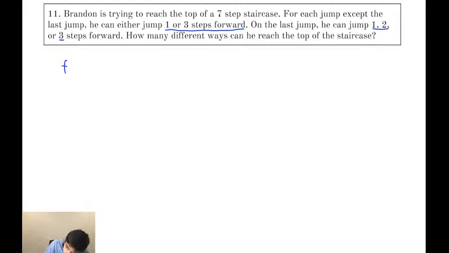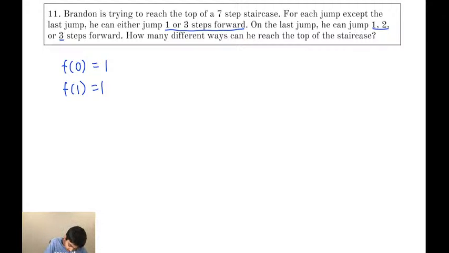So the number of ways to reach the 0th step is just going to be equal to f of 0, right? We're defining the function f, the number of ways to reach a certain step. So f of 0 is just going to be equal to 1. F of 1, the number of ways to reach the first step, well, there's only one way because he just has to take a 1 step from the 0th step.